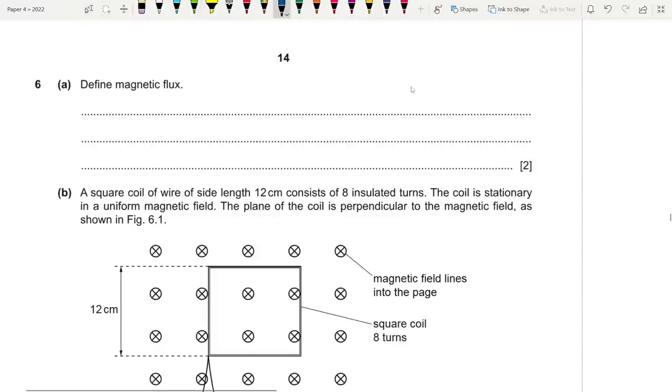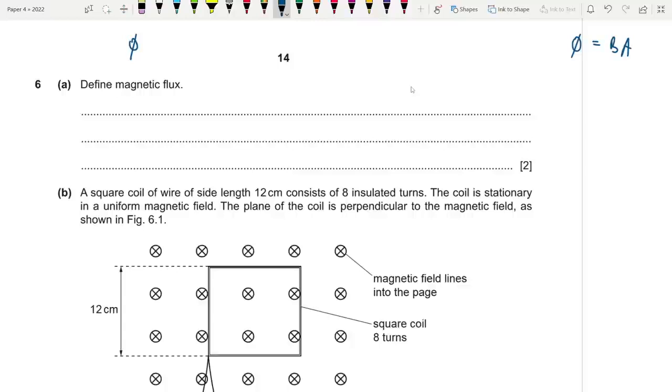Define magnetic flux. Basically, they want us to define phi. So remember that phi is basically BA. That is magnetic flux. What is magnetic flux linkage? That's BAN, multiplied by the number of turns.